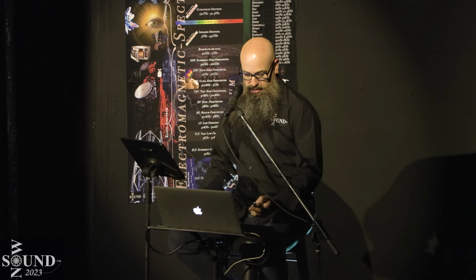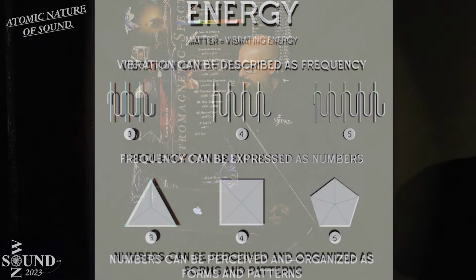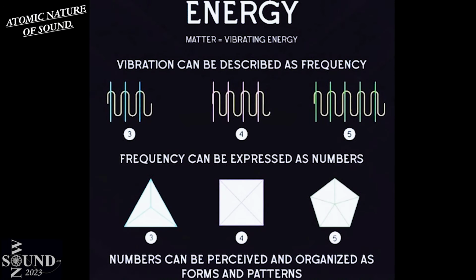So this here sums up energy. Matter is simply vibrating energy. Vibration can be described as frequency. Frequency can be described as numbers, and numbers can be perceived and organised as forms and patterns.